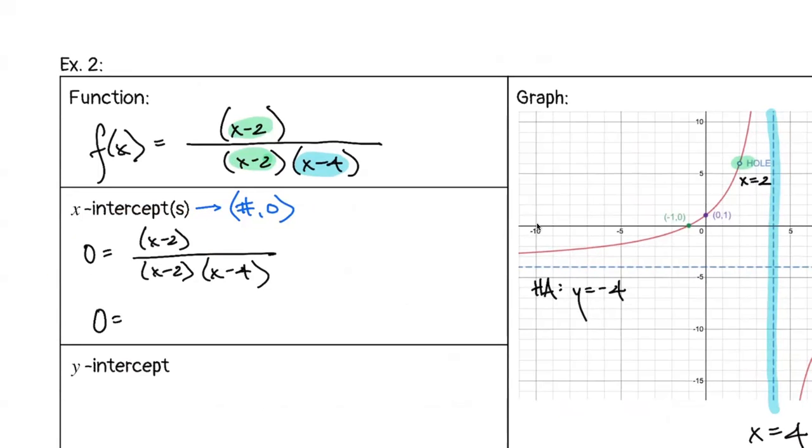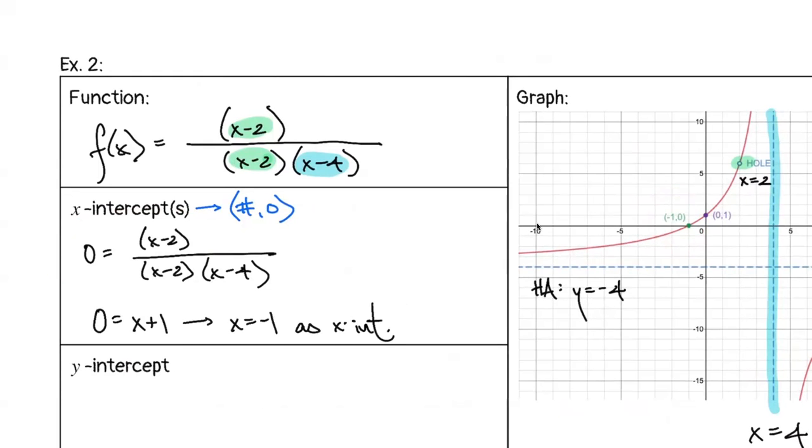What would I have to set to equal 0 to get -1 out for my x? Nice. X plus 1. This would give me x equals -1 as an x-intercept.